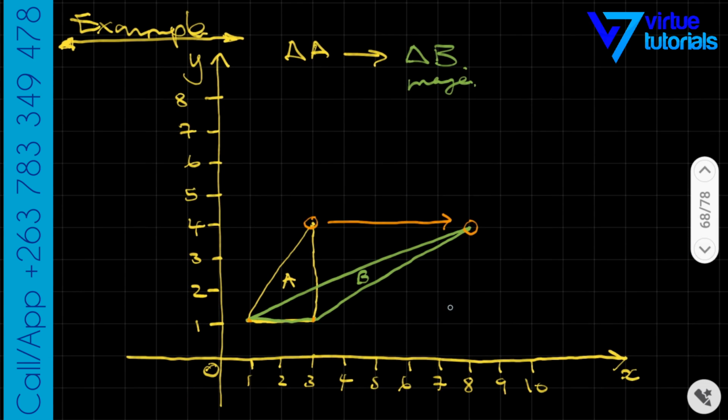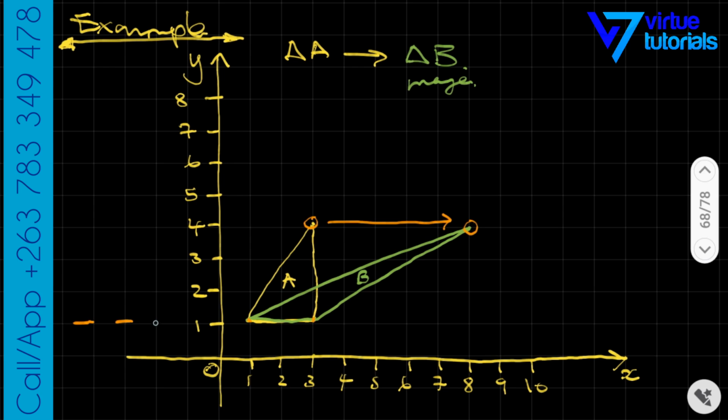Now, the invariant line is a line on which points do not move when a shear happens. So when a shear is happening, there is a line on which points do not move. Sometimes part of the shape is in contact with the line. Sometimes no part of the shape is in contact with that line. So if we look at it, every point at this level here did not move. What level is this?